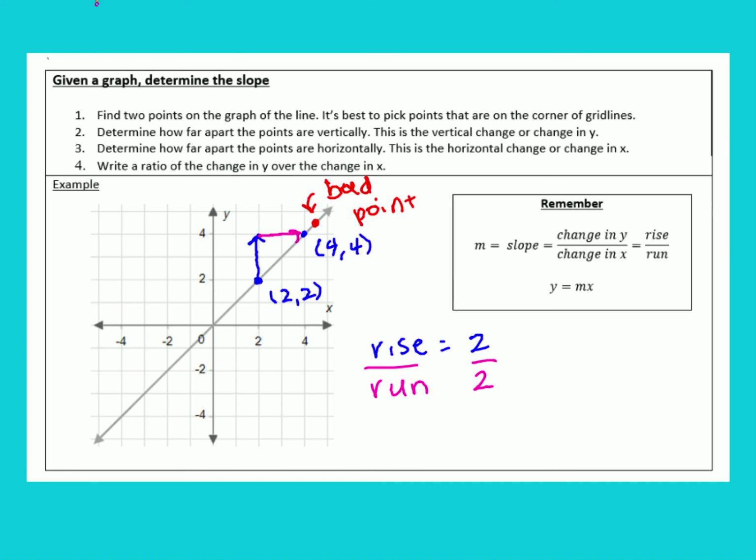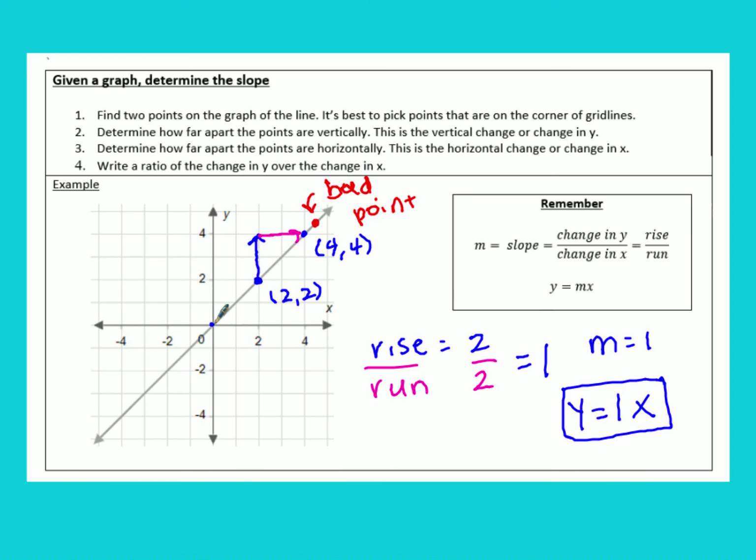So that means that we have 2 over 2 is our slope, but 2 divided by 2 is just 1. So in this case, our slope equals 1, which means our equation would be y equals 1x. So that's all you have to do there is find your slope. You have to pick some good points to figure the slope out, but once you know your slope, you can write it in this form.